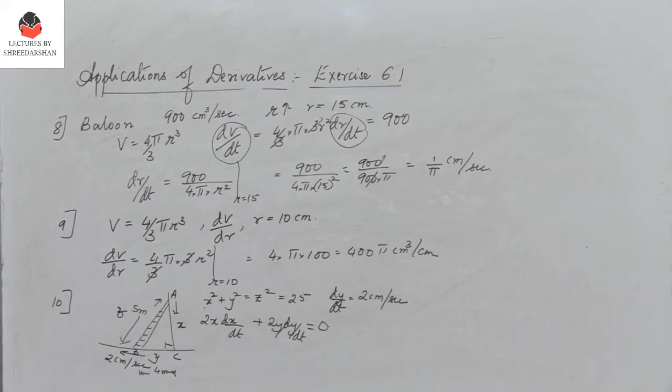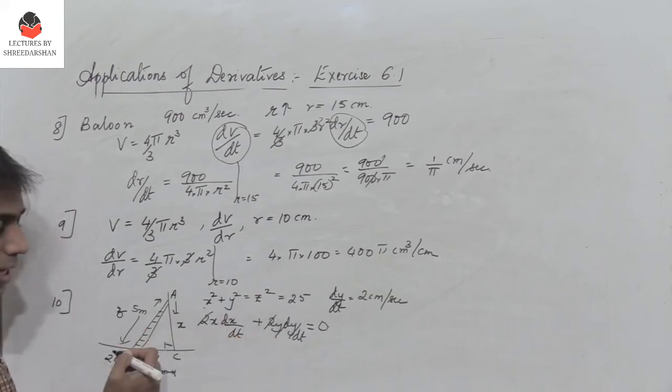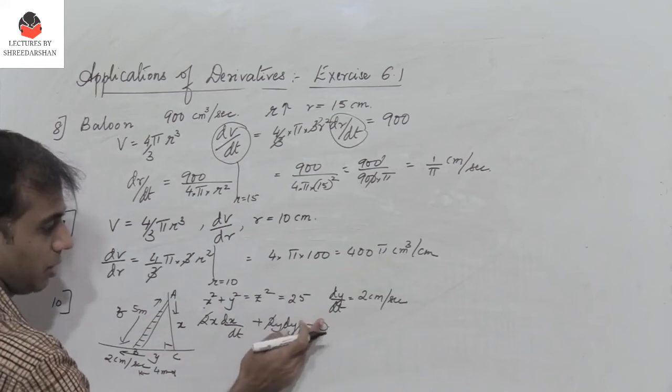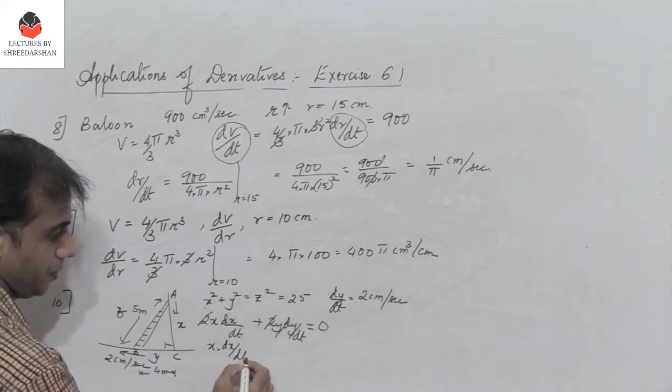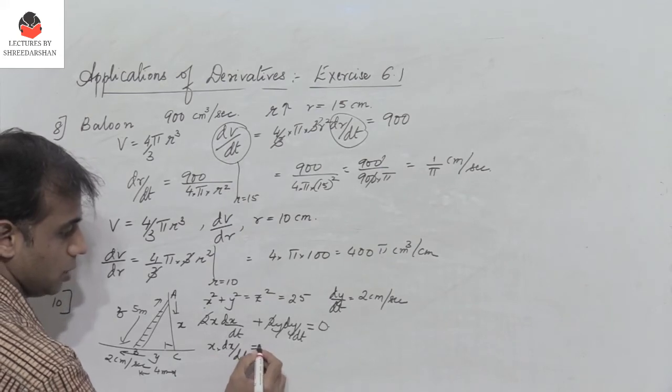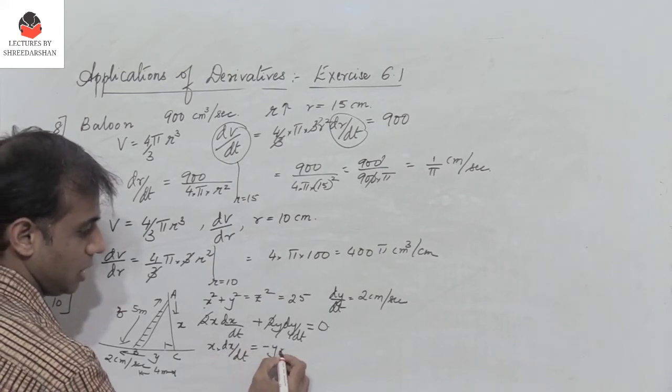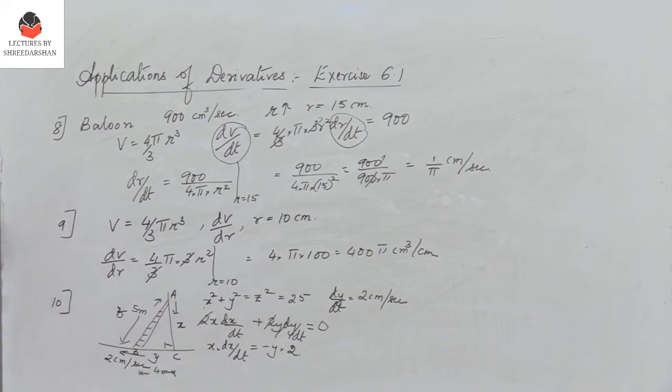What do I need to find? I need to find dx by dt, and all the other values are known here. From this expression 2 can be cancelled and dy by dt is 2. So I have x into dx by dt equals minus y into 2.